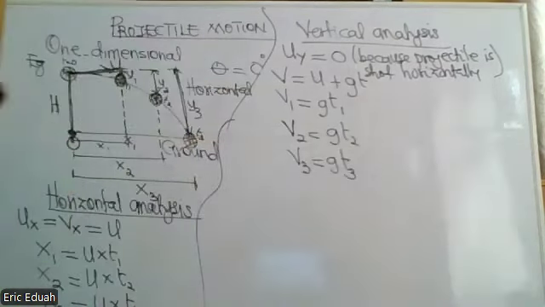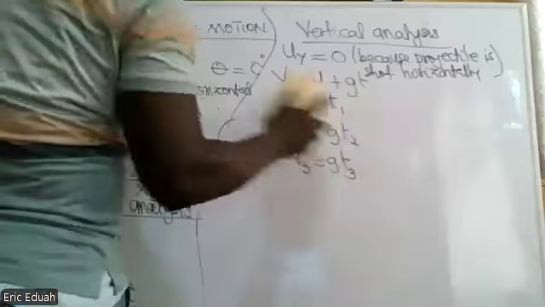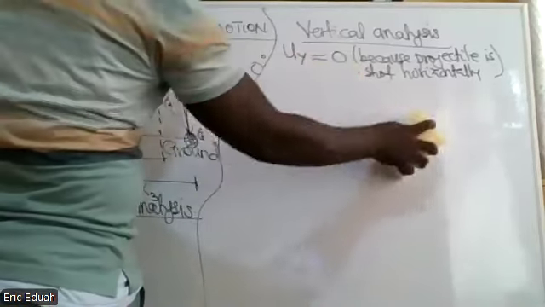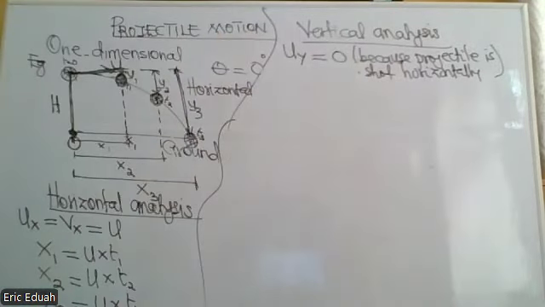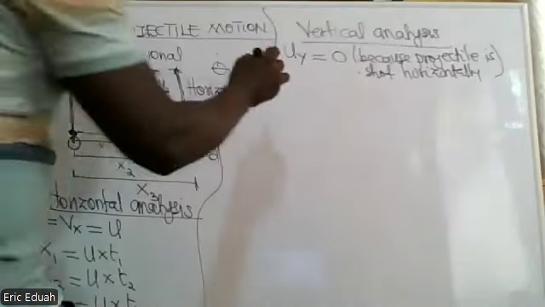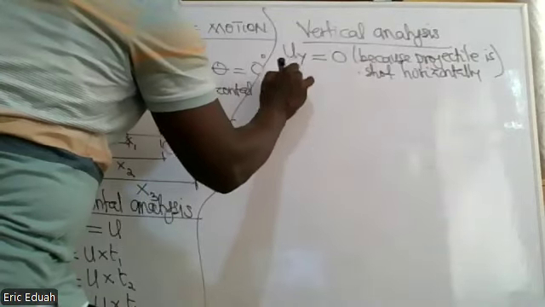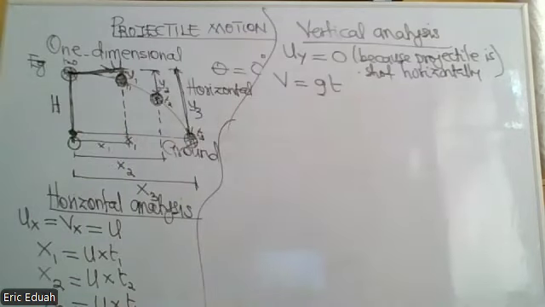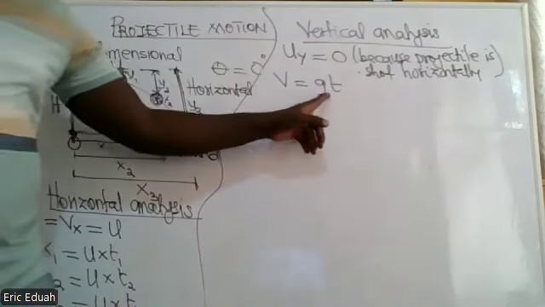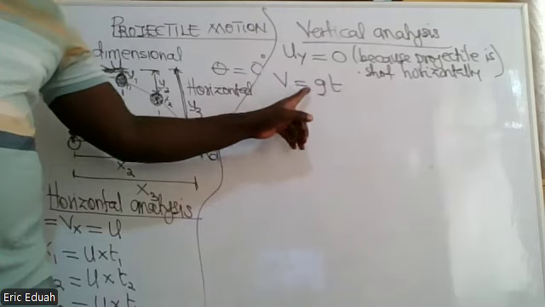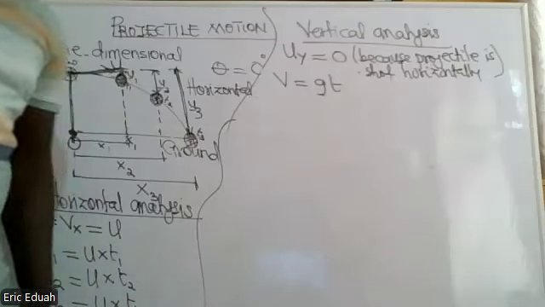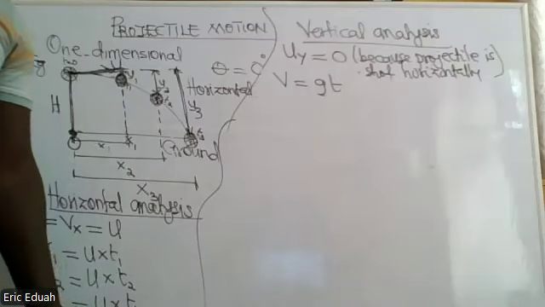So generally, one of the ways of determining the vertical velocity of the projectile is by using v is equal to gt. So this will depend on the time because acceleration due to gravity is constant. Please, is that okay?